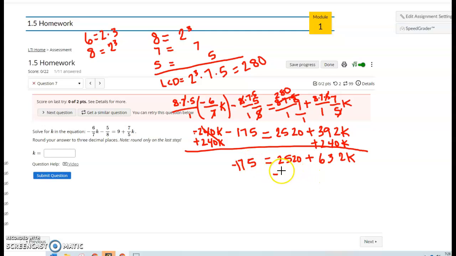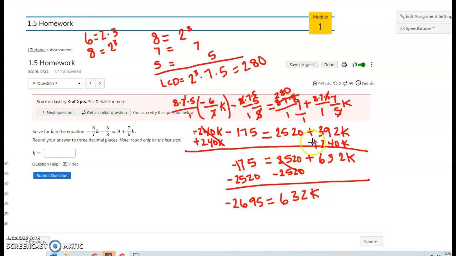Okay, now we're going to minus the 2520 on each side. Let's see what we get there. Negative 2695 equals, those are gone, 632k.